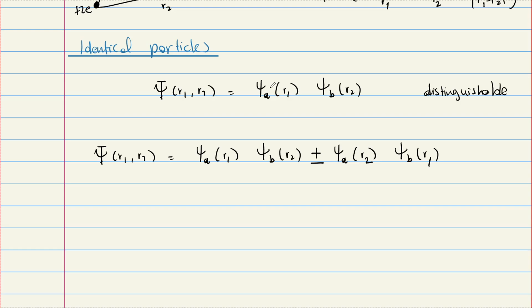If psi A and psi B are not only normalized but also orthogonal wave functions, then I also need this 1 over root 2 for proper normalization.